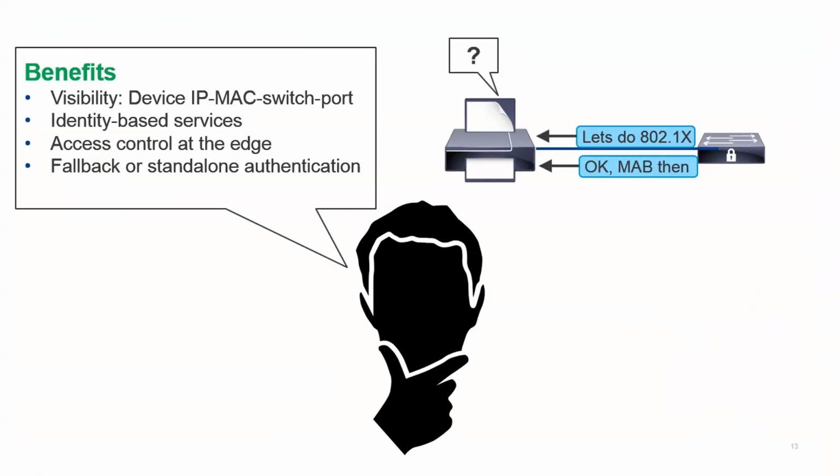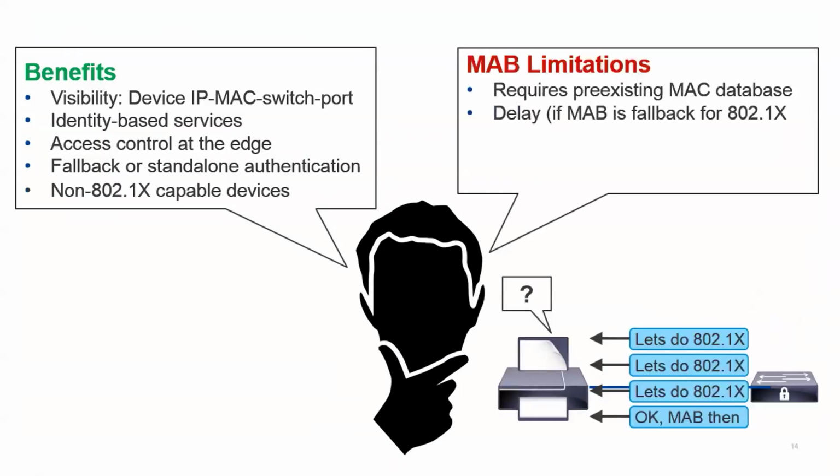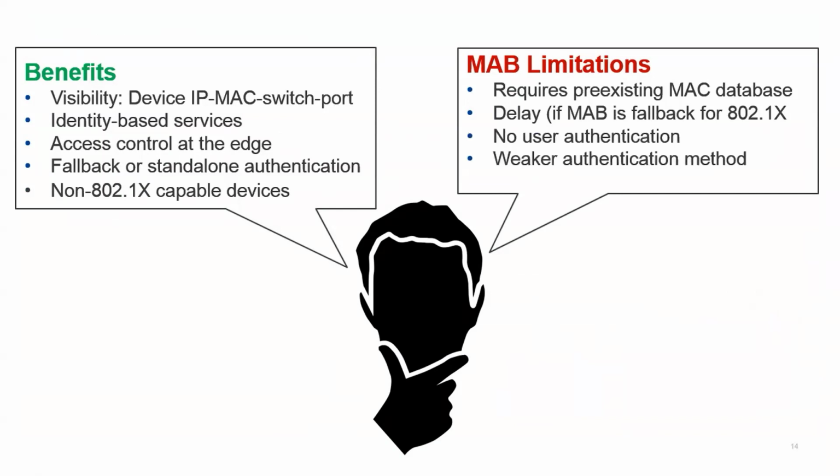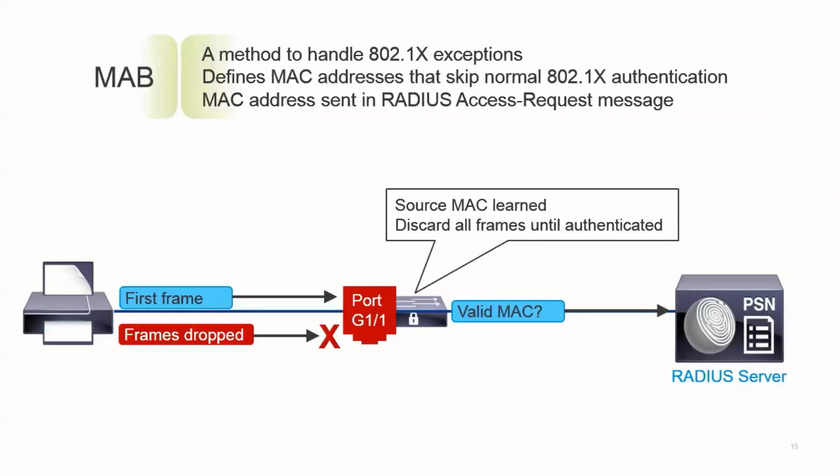All the devices try 802.1X first, three times. If it times out, you can see three attempts of 802.1X in the diagram, then it will go for MAB, which means MAC address authentication.